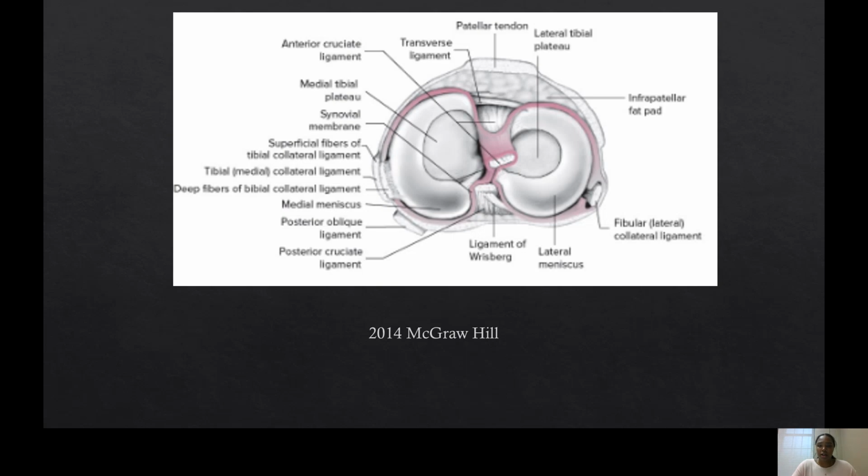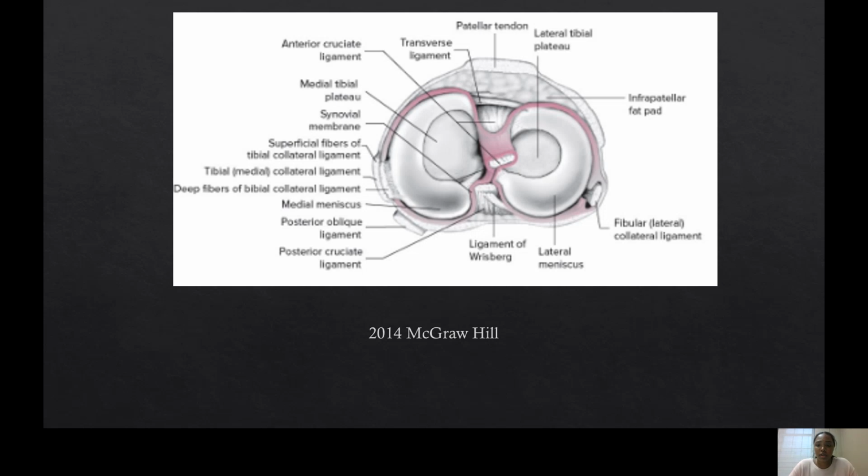Okay, so right here, I just have a basic diagram of the ligaments in a knee. As you see up front, here's the ACL. You can see the medial tibial plateau. You can see the synovial membrane, the superficial fibers of the tibial collateral ligament, the MCL, and the deep fibers.